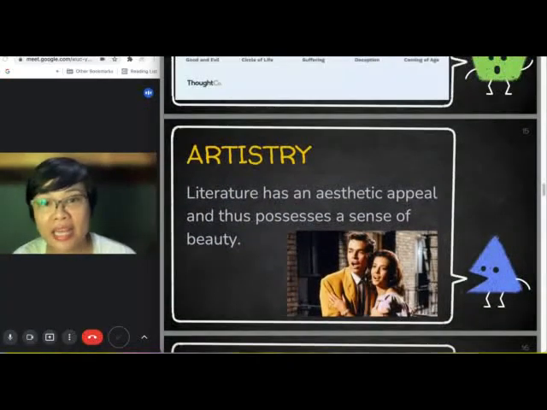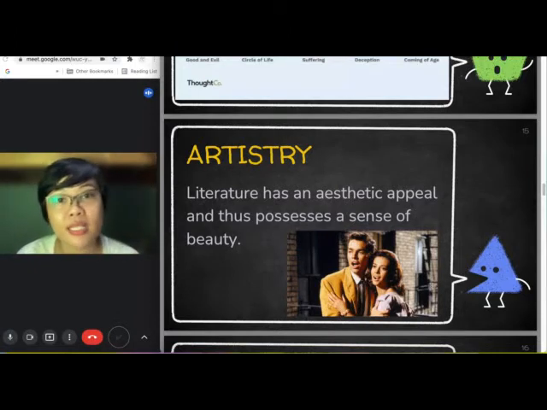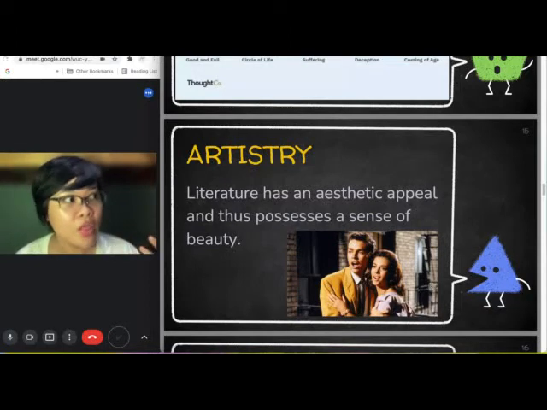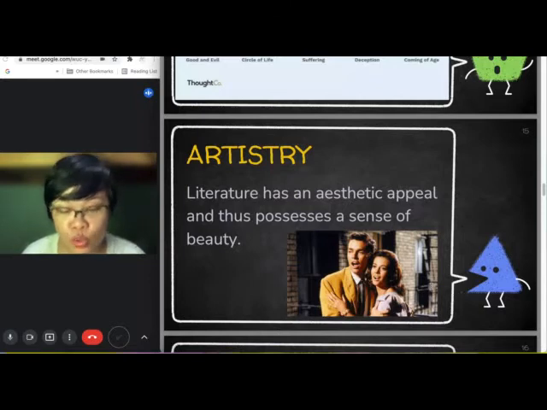And the second standard is artistry. It has an aesthetic appeal that goes beyond normal, and it possesses a sense of beauty that is extraordinary. So it goes with everything, the characterization, when it comes to musicals, for example, the characterization, the themes, the approach, the costumes, the music, the lyrics, the story itself.